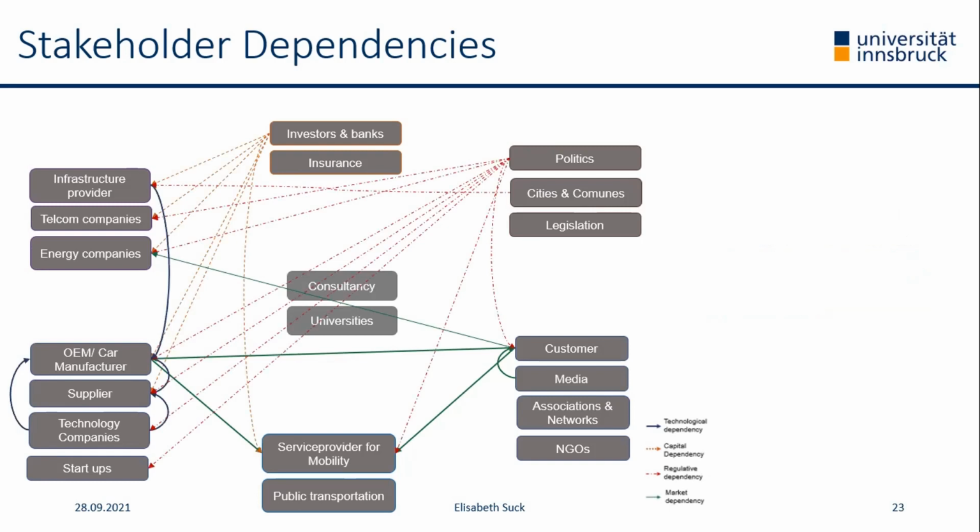Then if we summarize the dependencies again in one slide, you can see that especially the infrastructural stakeholder group and also the technology producers are somehow involved in almost any dependency.